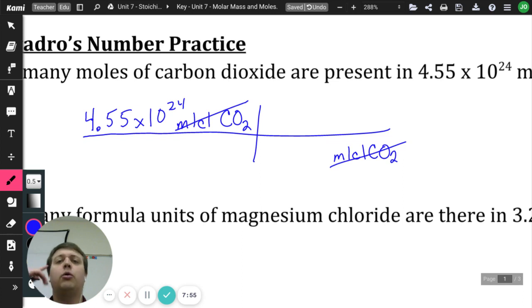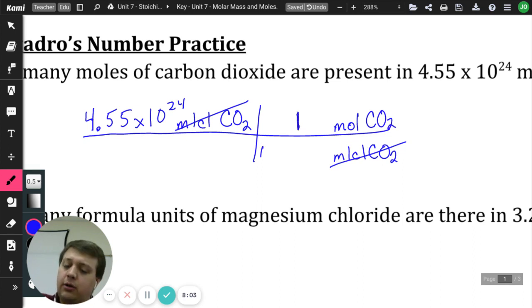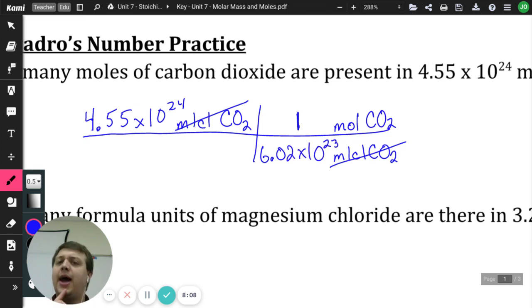So thinking about it, what ratio do I know? Well, I know that I have 1 mole, and that equals 6.02 times 10 to the 23rd. How do I know that? Well, remember Avogadro's number. For every 1 mole of a substance, I have 6.02 times 10 to the 23rd molecules or atoms or elements or whatever. So I can use that as a conversion. I can use that to convert from molecules into moles.